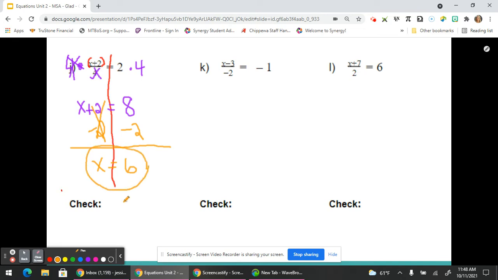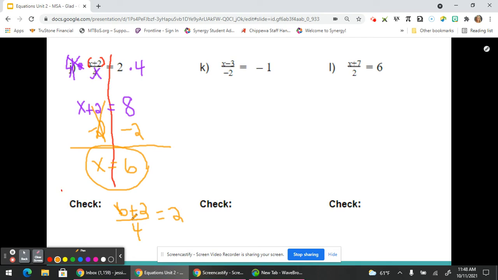Now let's just verify that this actually works. So on the top, my x is a 6. So it's 6 plus 2 on the top divided by 4. Does that equal 2?